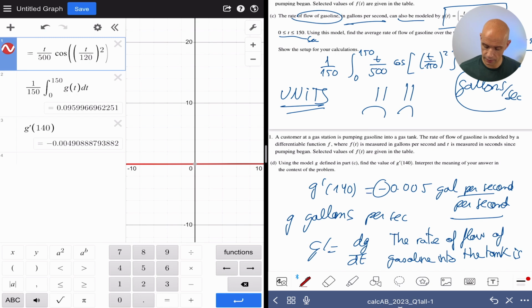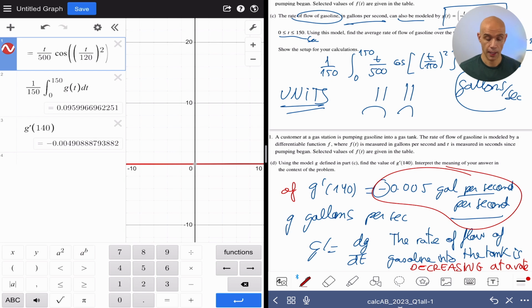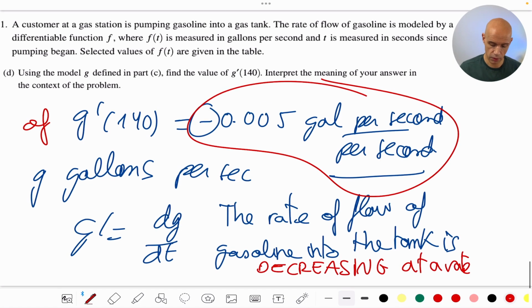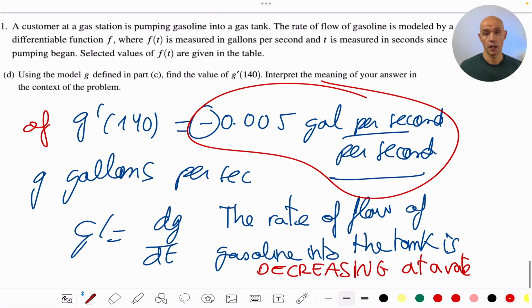The keyword is decreasing at a rate of this amount, and that's it. End of the story. That's what you have to take into account. Always units. Make sure that if it's negative is decreasing, if it's positive is increasing, and that's basically it.